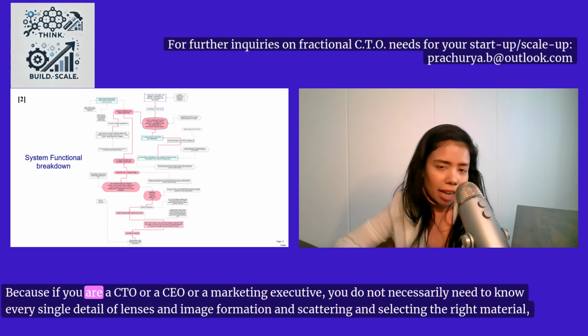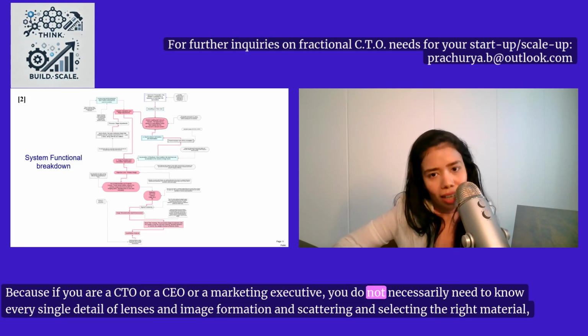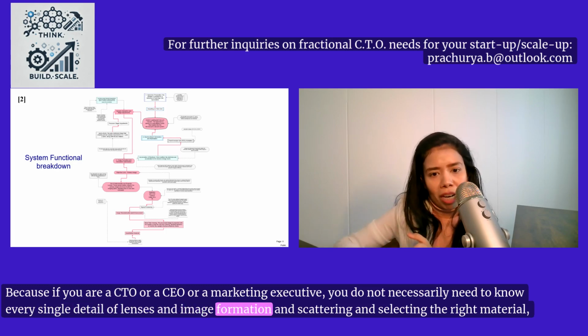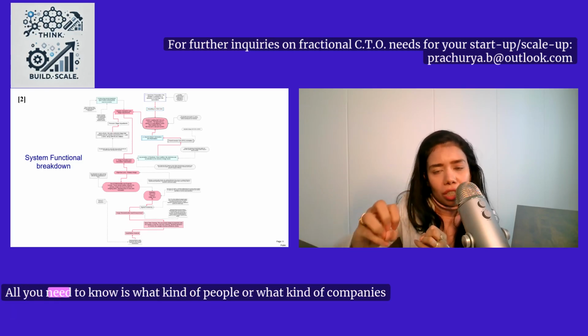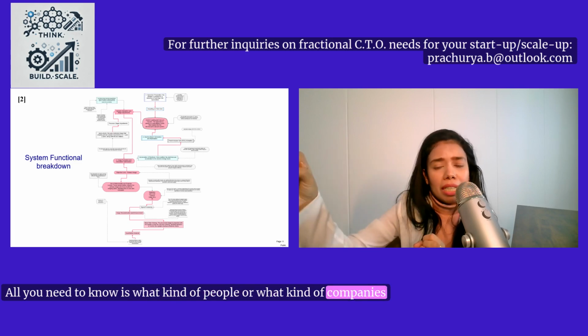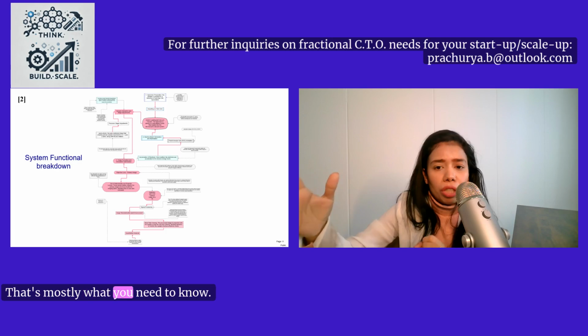Because if you are a CTO or a CEO or a marketing executive, you do not necessarily need to know every single detail of lenses and image formation and scattering and selecting the right material, etc. All you need to know is what kind of people or what kind of companies you need to partner up with. That's mostly what you need to know.